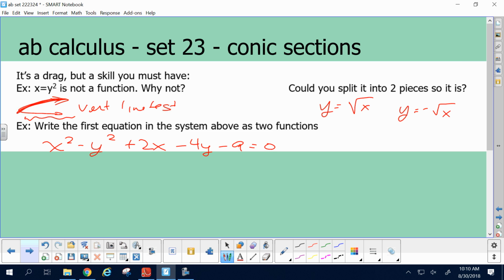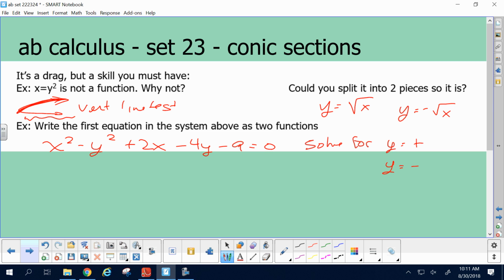Sometimes you're going to be asked to take this conic section and write it as 2 separate functions. You must, therefore, solve for y positive and y negative, the top half and the bottom half of this graph. In this case, it's a hyperbola, okay?